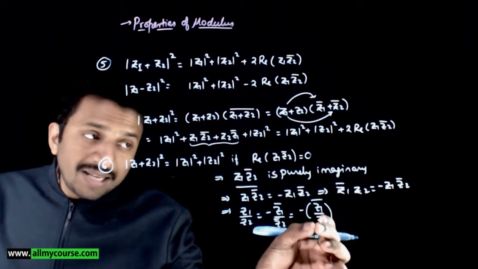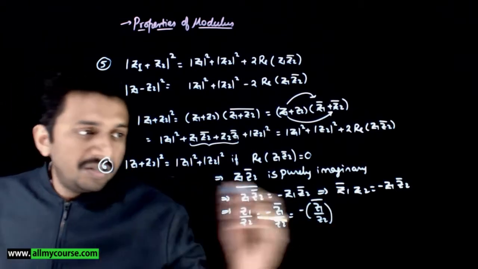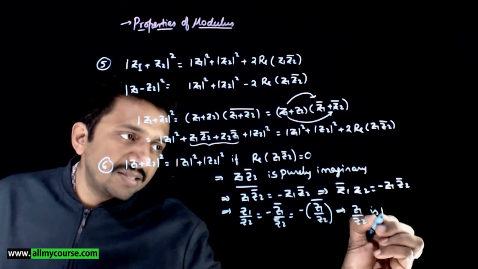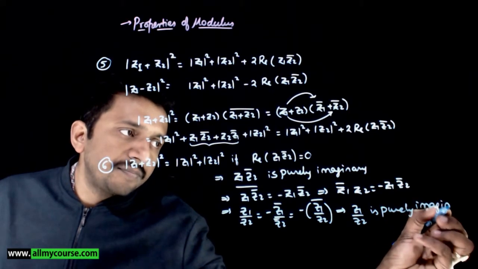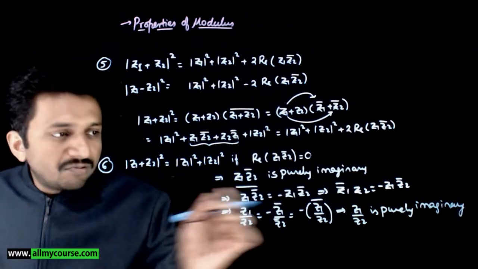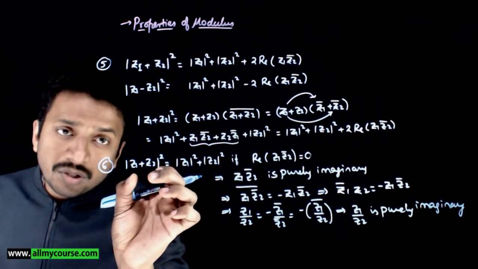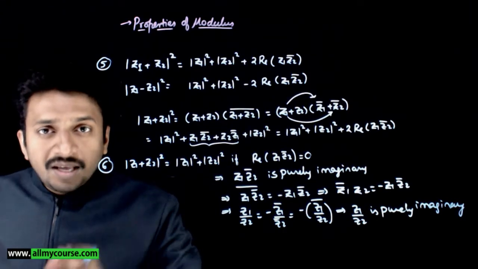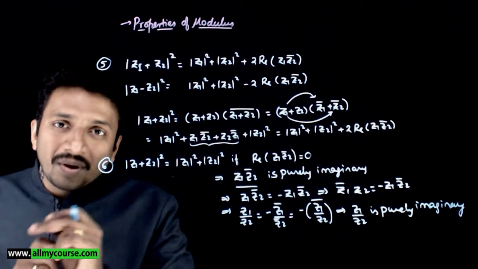So z1 by z2 whole bar is equal to minus of z1 by z2, which implies z1 by z2 is purely imaginary. So this will be the final condition which we are looking for. So if mod z1 plus z2 whole square is equal to mod z1 square plus mod z2 square, this will happen if z1 by z2 is purely imaginary.